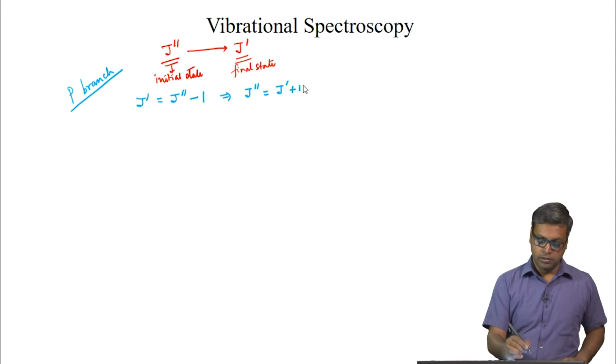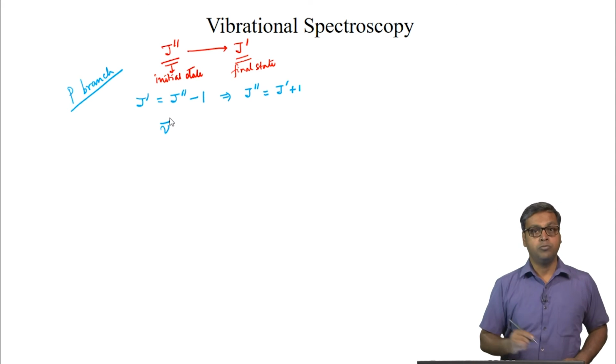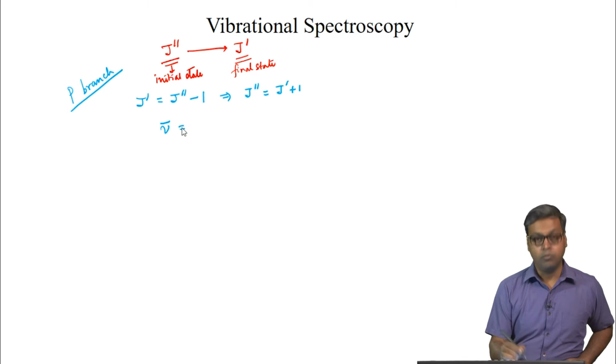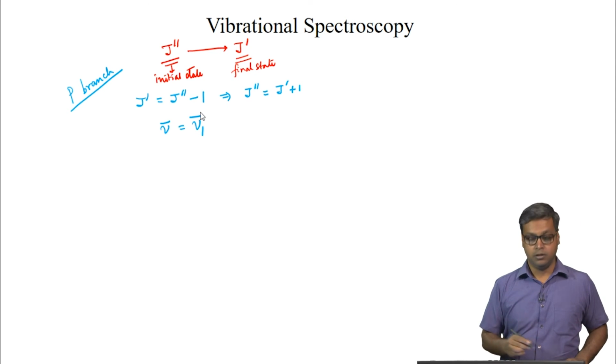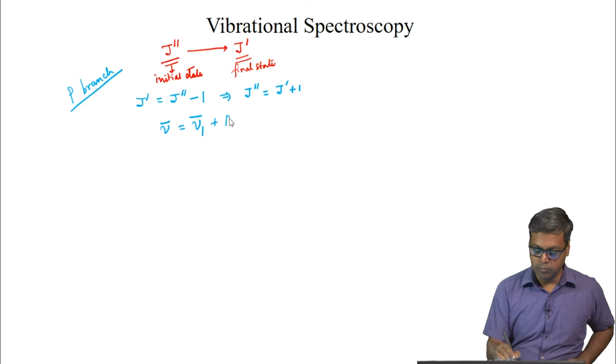So, we can write nu bar equals nu bar 1 plus B times J prime times J prime plus 1.